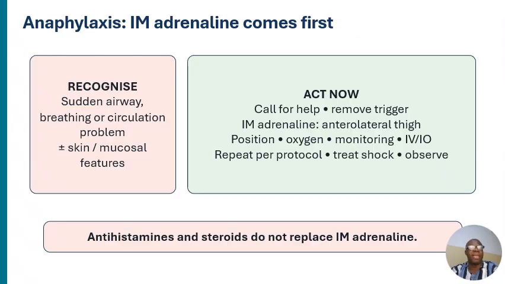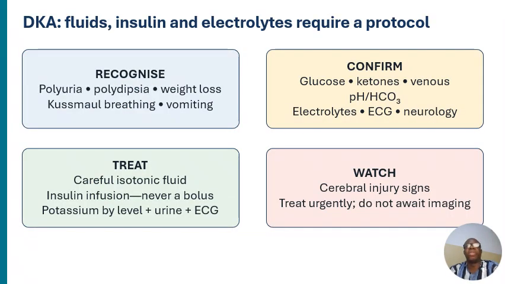The next metabolic emergency that also demands protocol-based fluid and drug decisions is diabetic ketoacidosis. Suspect diabetic ketoacidosis in a child with polyuria, polydipsia, weight loss, dehydration, vomiting, abdominal pain, ketotic breathing, or altered level of consciousness.